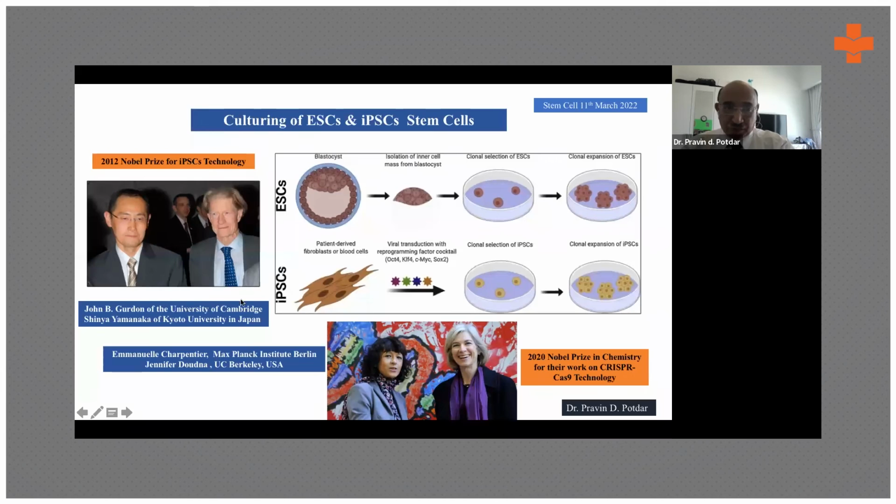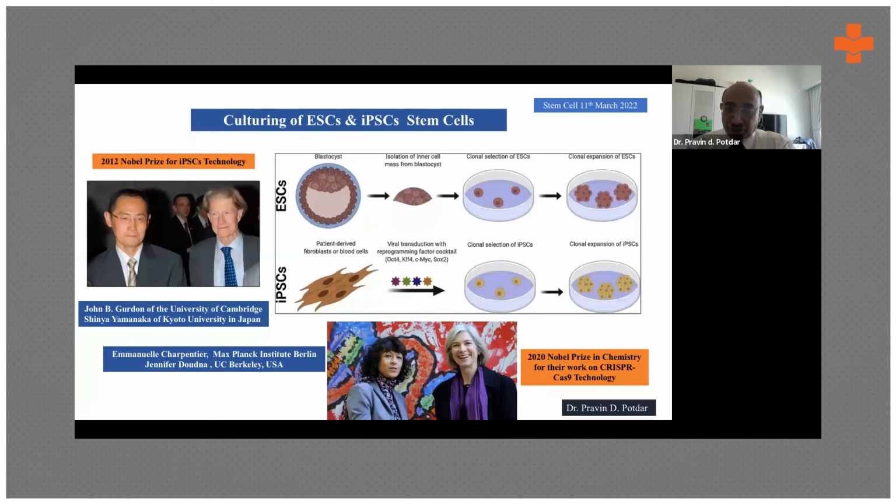And because of Dr. Carpenter and Dr. Doudna, who got a Nobel Prize for CRISPR-Cas technology, which allows us to do gene editing in an easier way. See how the development of this technology is bringing us a lot of innovations in our work, and only scientists have to have that vision.